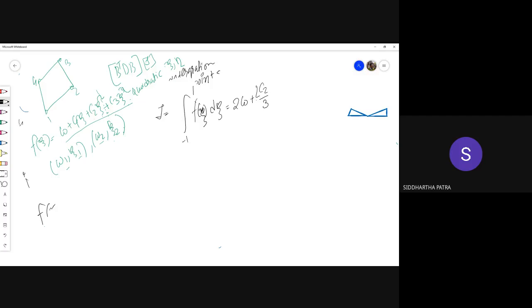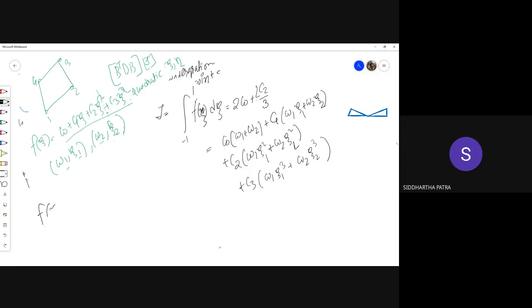So this is the integration, and this should be equal to C0 times (w1 plus w2), plus C1 times (w1 xi1 plus w2 xi2), plus C2 times (w1 xi1 squared plus w2 xi2 squared), plus C3 times (w1 xi1 cube plus w2 xi2 cube).